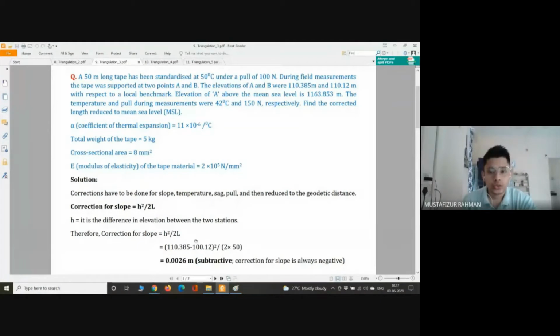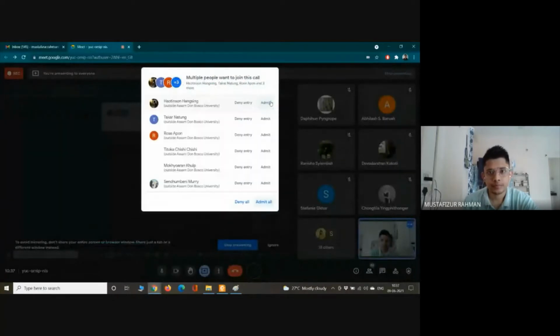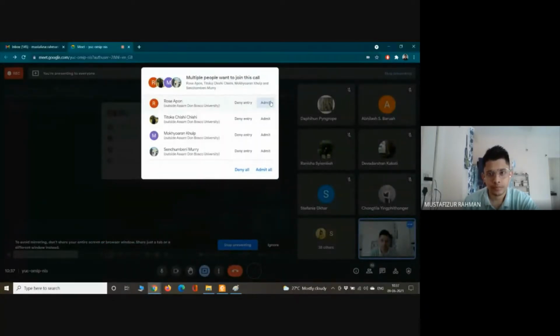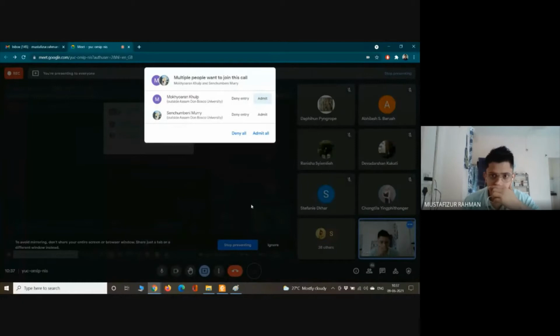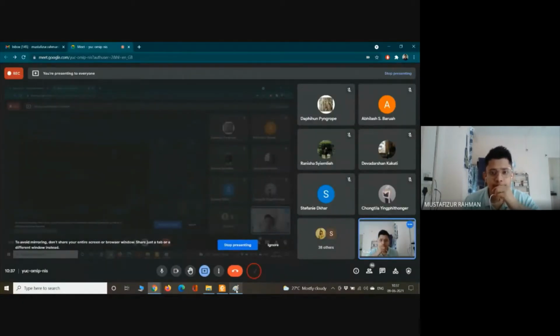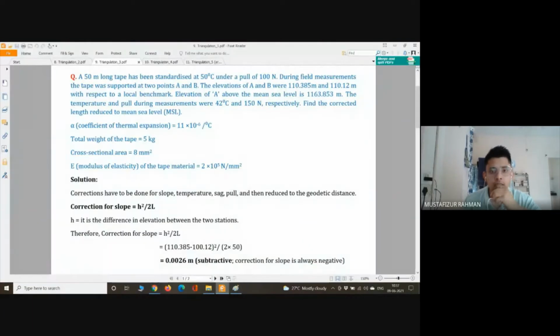So there will be different types of corrections. We will have a correction of slope because point A and point B are at different levels.